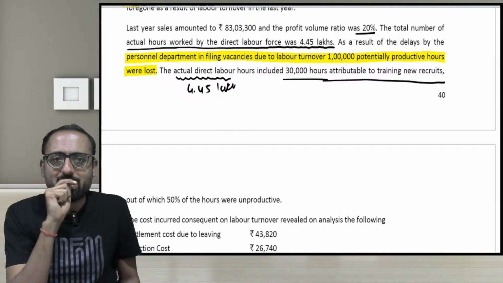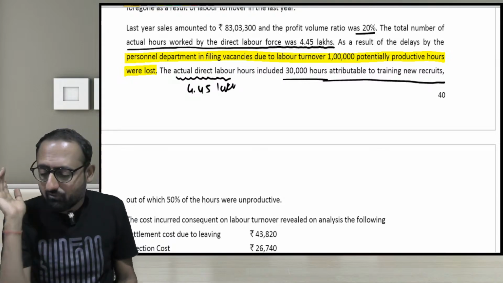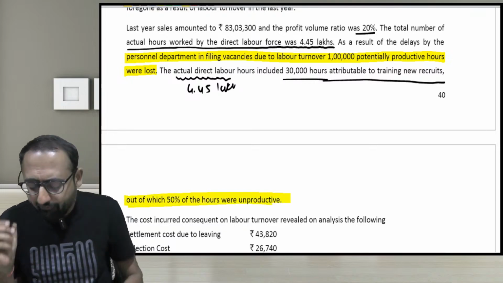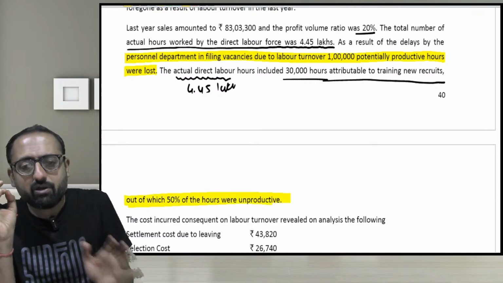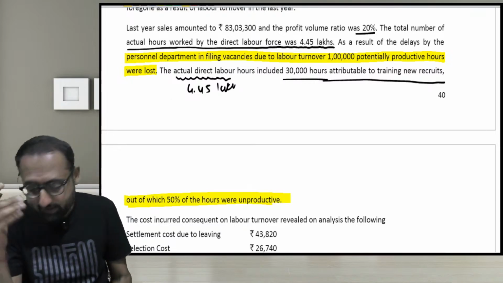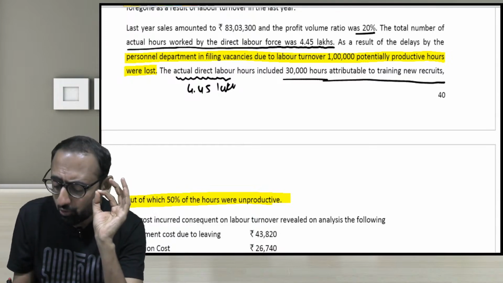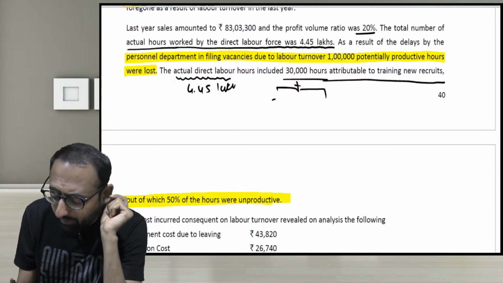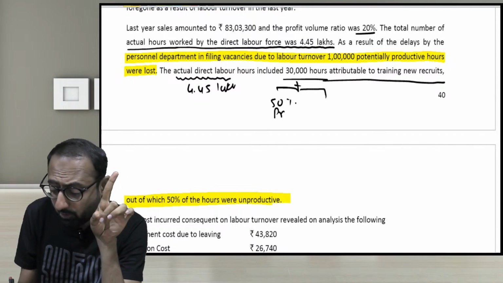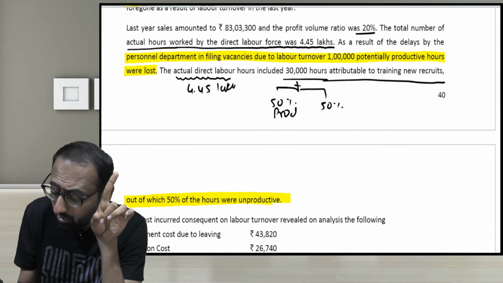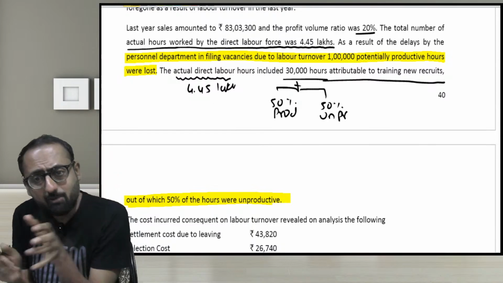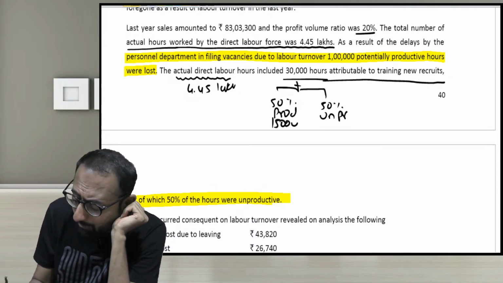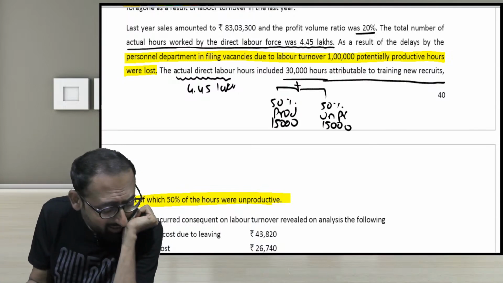Now, in 30,000 hours training was there. But mark important, double underline that, out of which 50% hours were unproductive. Means in that 30,000 hours, 50% are productive, the worker produced something, and 50% was unproductive, the worker didn't produce anything. So 15,000 hours are productive, 15,000 hours are unproductive.